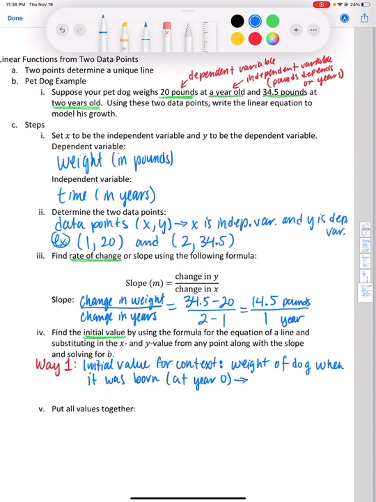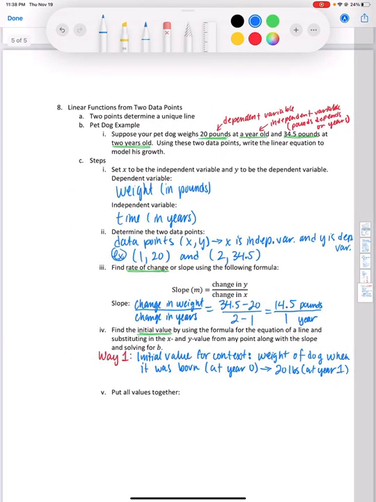Therefore, we take a value, 20 pounds at year 1. I'm going to scoot this over just a bit, I'm running out of room.